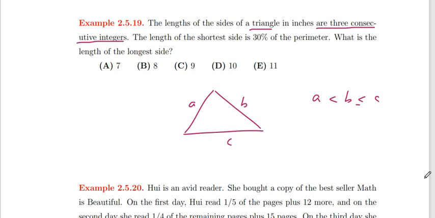So we get this equation: A equals 30%, so 0.3, of the perimeter. The perimeter is A plus B plus C, right?